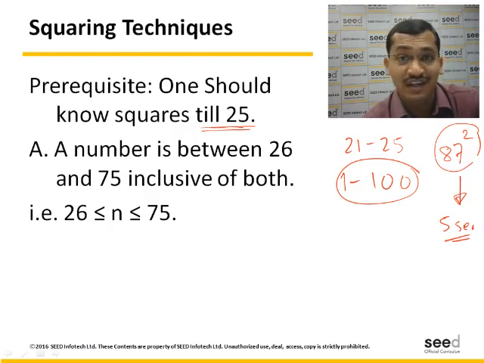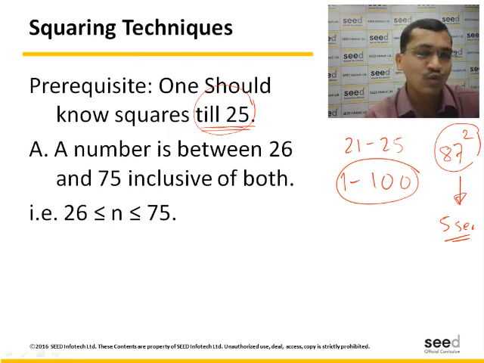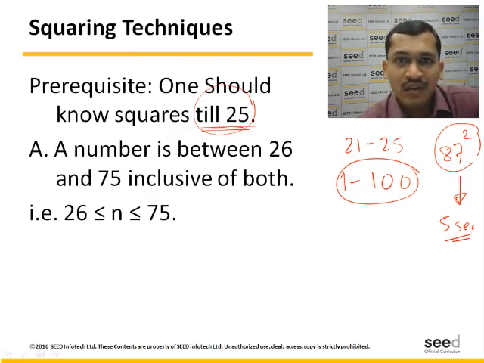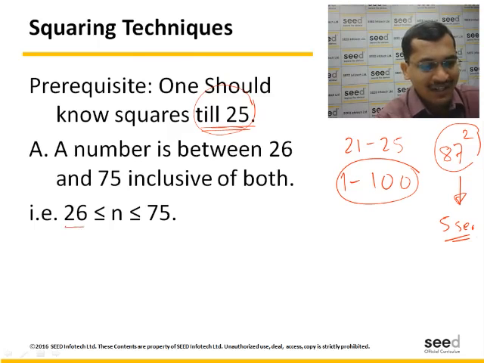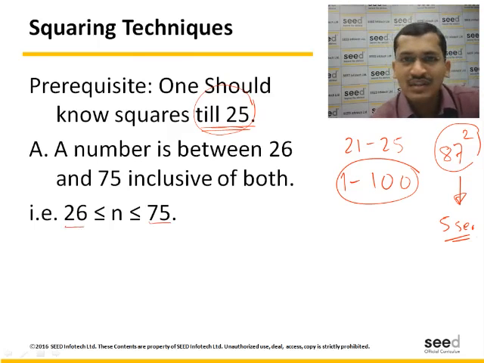Trust me, within 5 seconds. If we are gaining so much, then remembering squares till 25 is hardly any task, isn't it? So I have split the further range, 26 to 100, in two parts. The first is between 26 and 75, so we'll see how to square any number between 26 and 75.